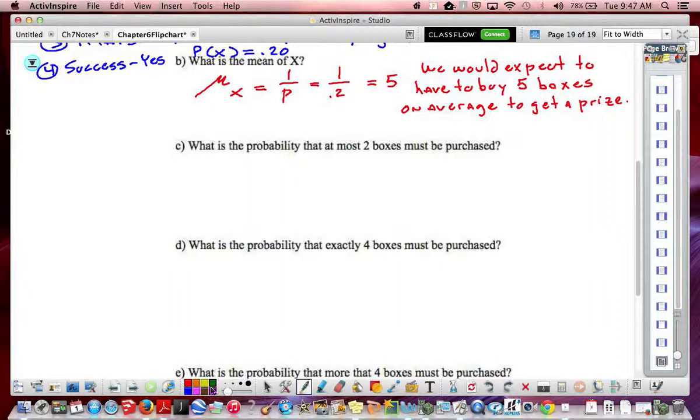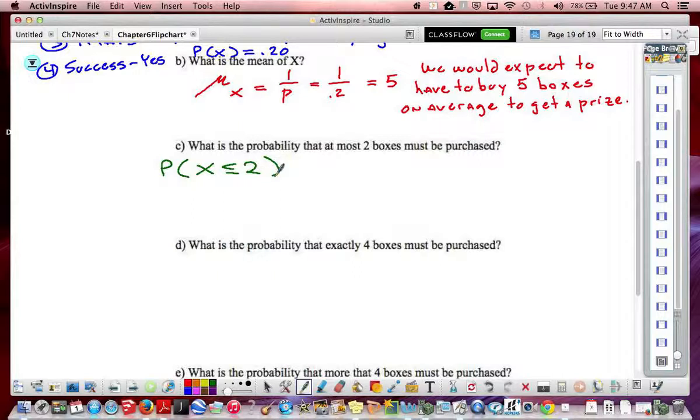Alright, so C says, what's the probability that at most 2 boxes must be purchased? So, looking at what's the probability that X is less than or equal to 2. I'm actually going to calculate this out the long way, or I should say by hand and by calculator.